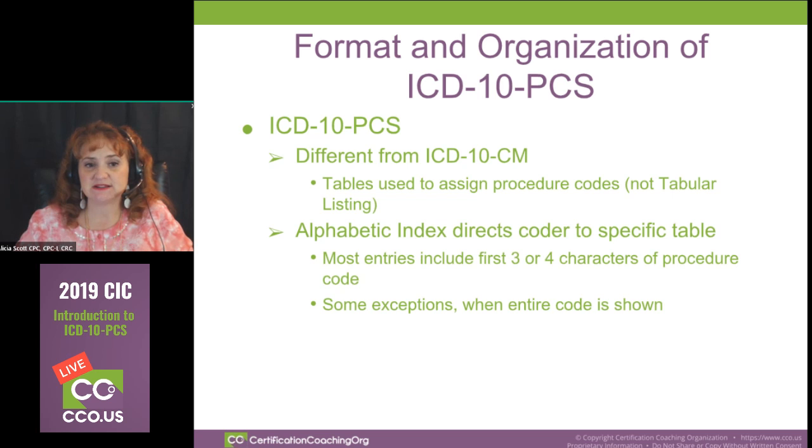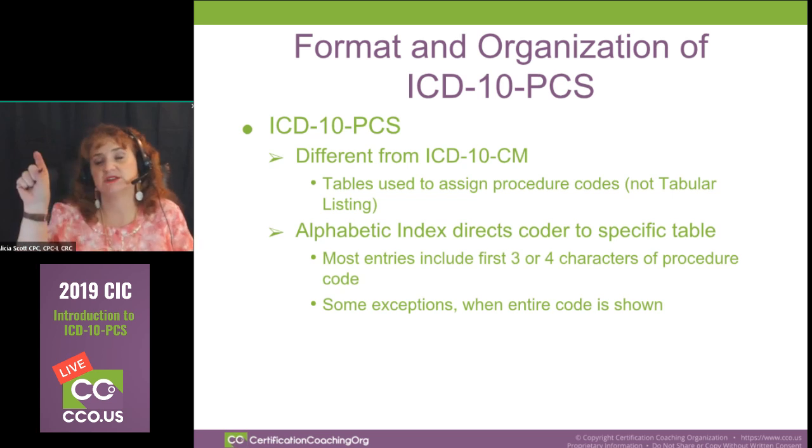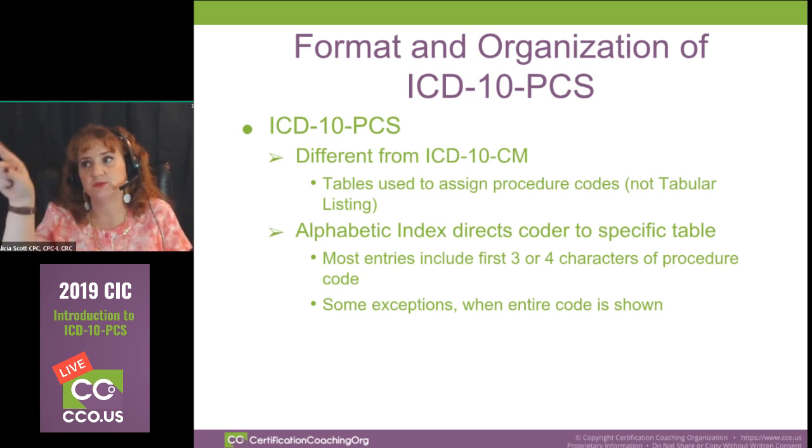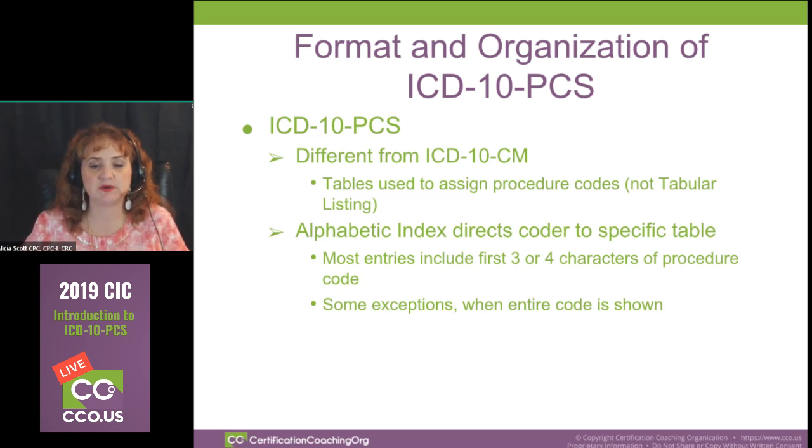The tabular and the index, again, is different than CM. I already mentioned that. The index is divided up with common procedures, and then you can look them up with more of a word lookup, just like we do with the alphabetic index with our ICD-10, but there is no tabular. It's tables after that. However, the top, just like if you're looking up a word in a dictionary, the tables work the same way. So you'll be able to look at the top and make out what you're wanting to find for your code.